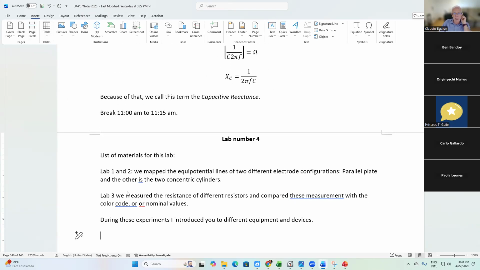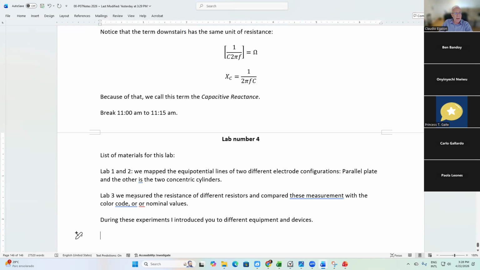So just as a reminder, in labs 1 and 2, we mapped the equipotential lines for two different electrode configurations, parallel plate and concentric cylinders. In lab 3, we measured the resistance of different resistors and compared these measurements with the color code, or the nominal value, in the table.